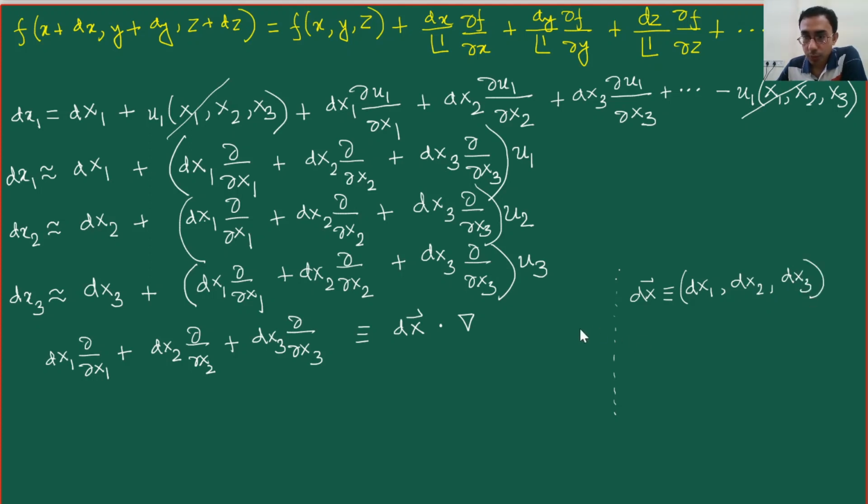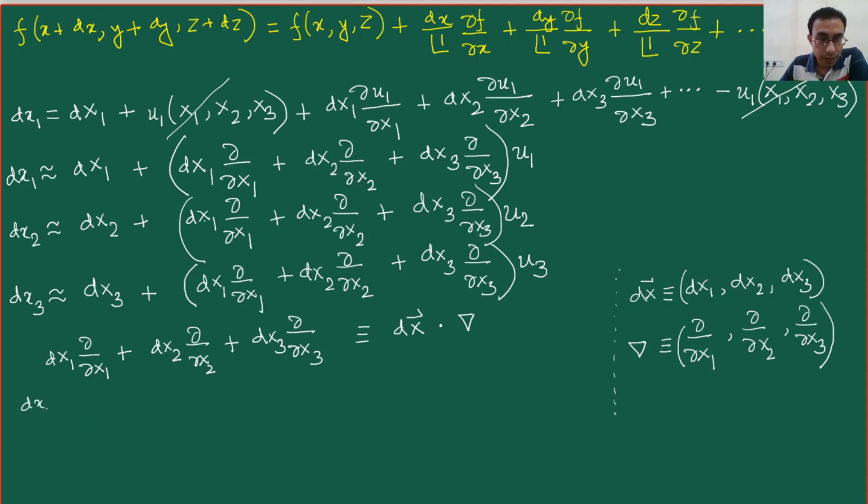So these are the three components of the dx vector, and the gradient operator is nothing but having the different components as del x1, del x2, del x3. So I hope you can remember this from your first year vector calculus. So if we substitute this particular expression back here, then this becomes even more simple.